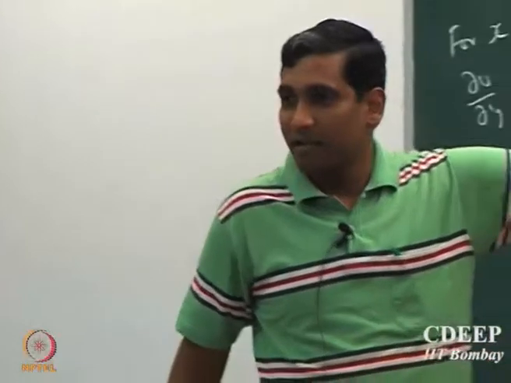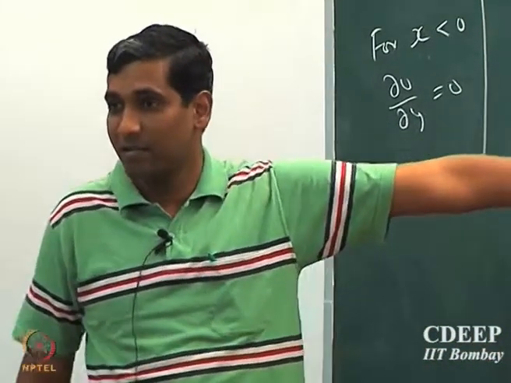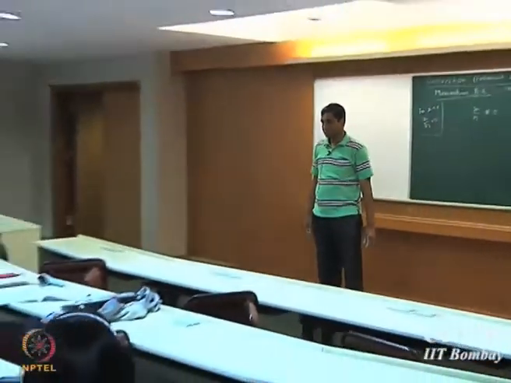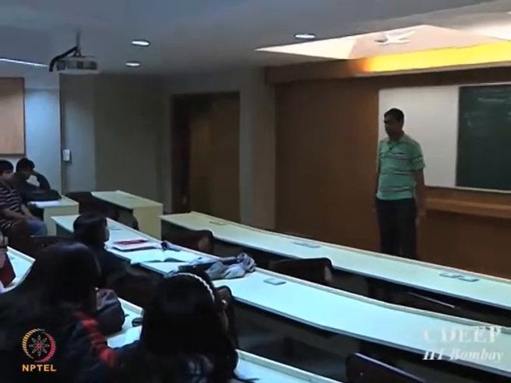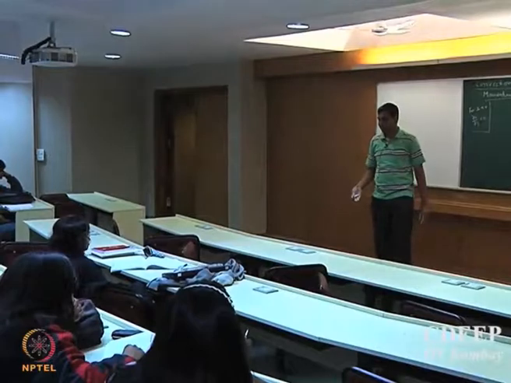But if you assume the fluid to be non-viscous, is there a fluid which is not viscous? It doesn't make sense, because at the boundary, viscous forces are the ones which play the dominant role, even if the viscosity is very small.